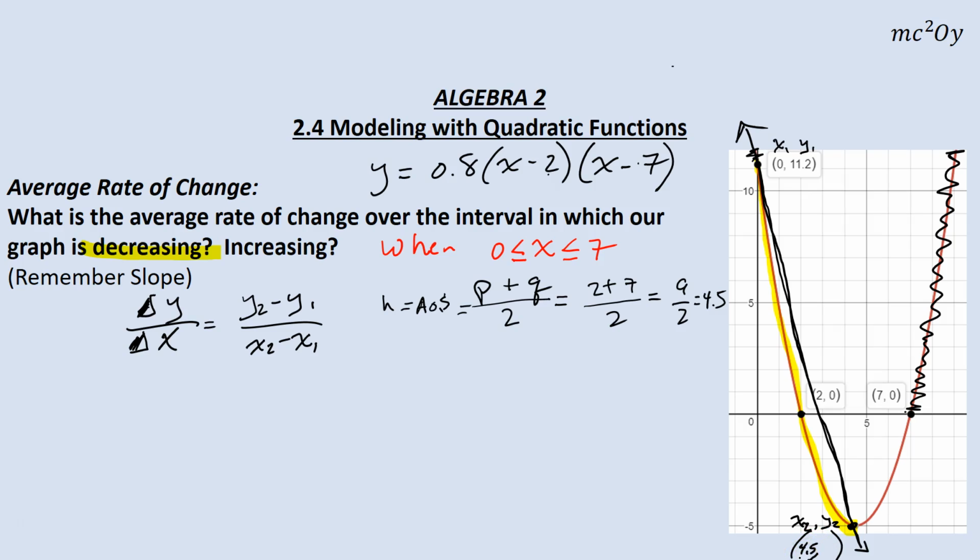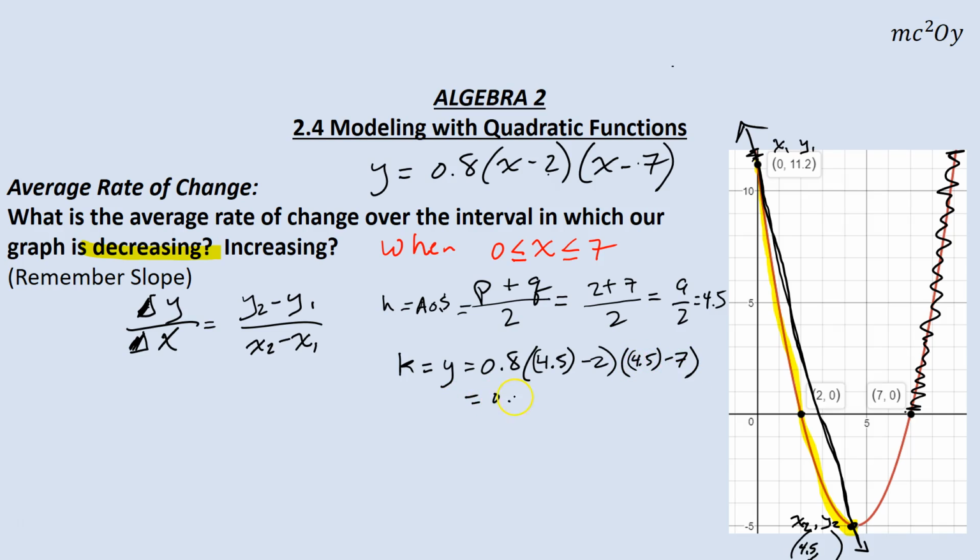Well, if 4.5 is my h value, to find my k value, all I have to do is substitute it in. So k is equal to y equals 0.8 times, instead of x, I'm going to put 4.5, so 4.5 minus 2, times 4.5 minus 7.